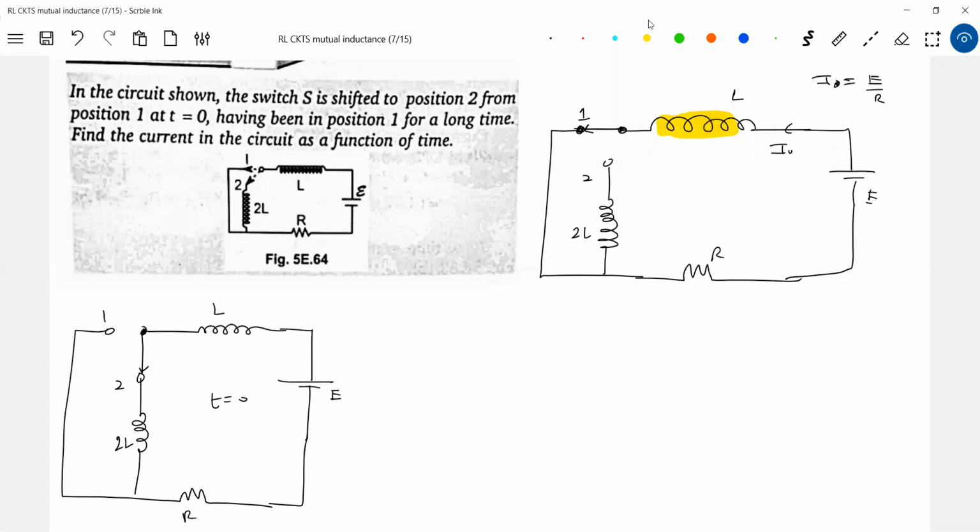The flux linking the coil shouldn't. So the same amount of flux will be shared by both. What all flux was present will be shared by both here. So here I'll call this flux phi.